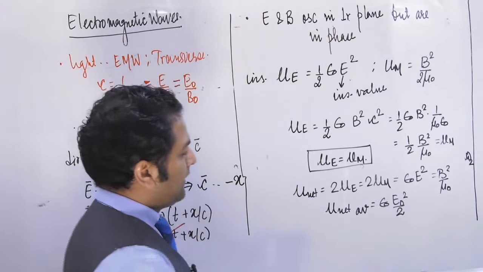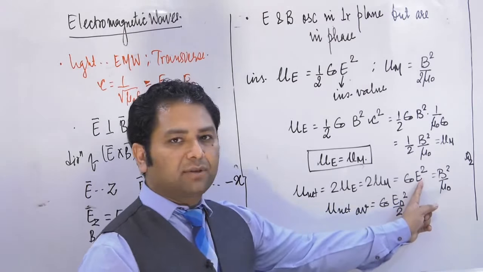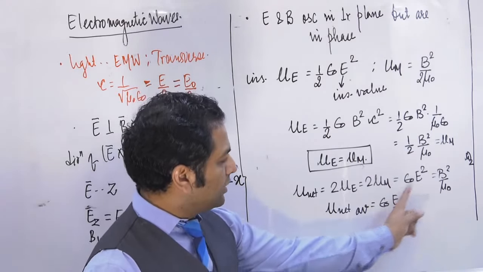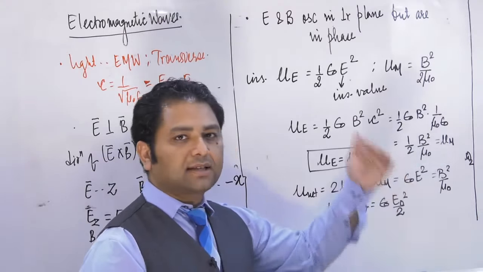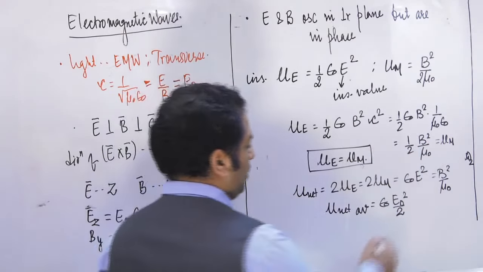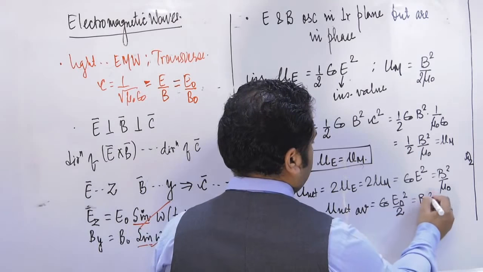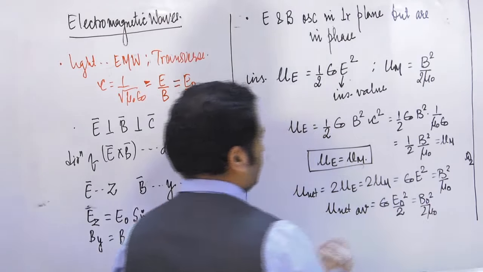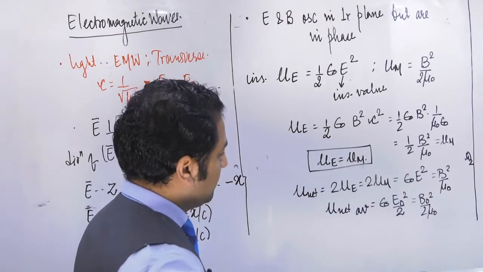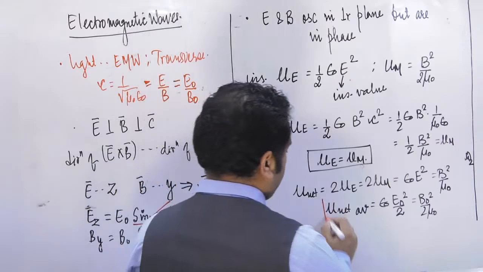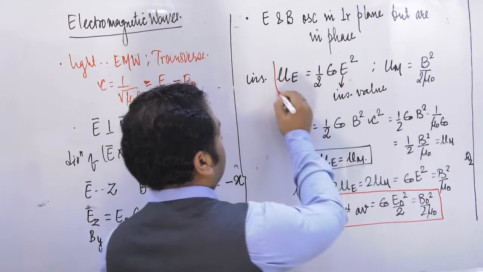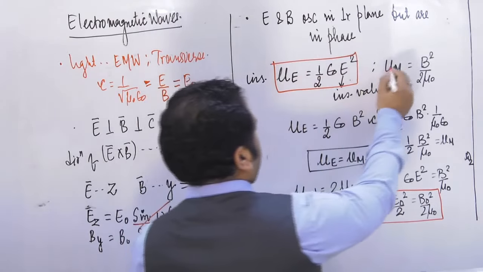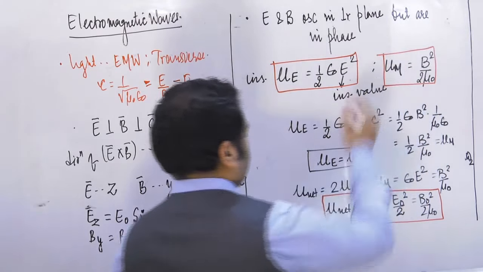So recall here, the average of sine square would be 1/2, but you write it as E naught sine, so E naught gets squared, and the sine square average is half. Or you can also write this as B naught square divided by 2 mu naught. So this is a very, very important expression, but just try to look at the minute difference you get here.